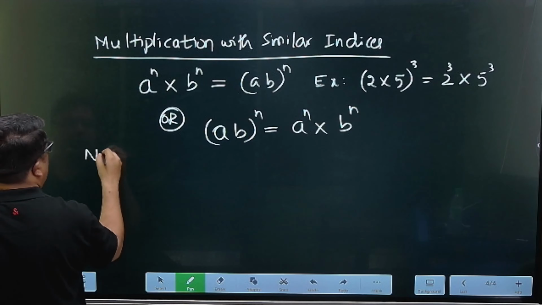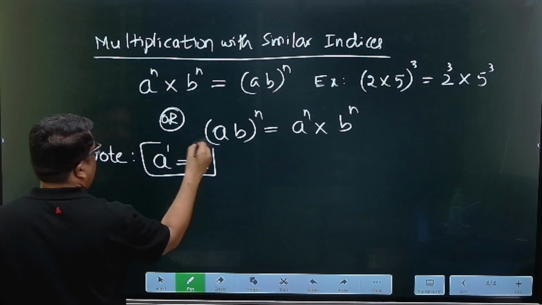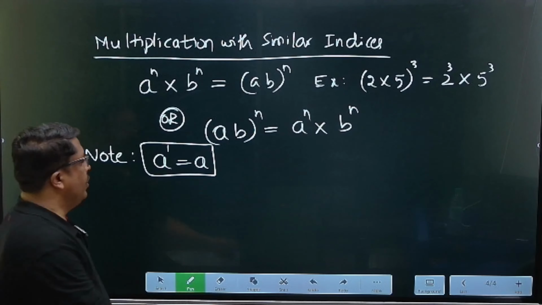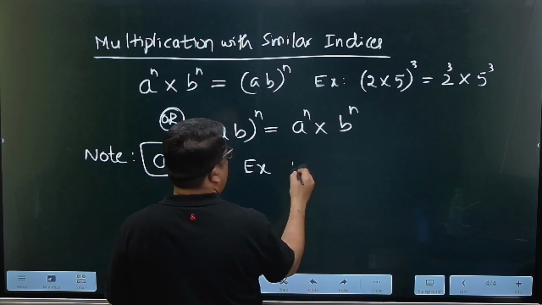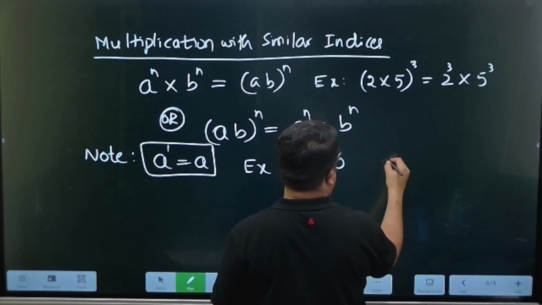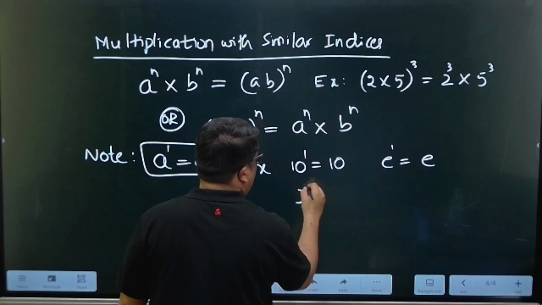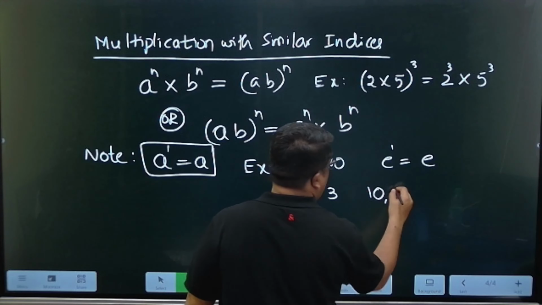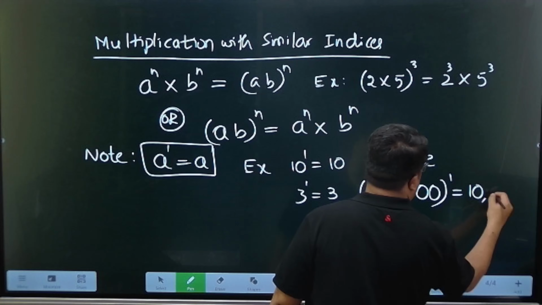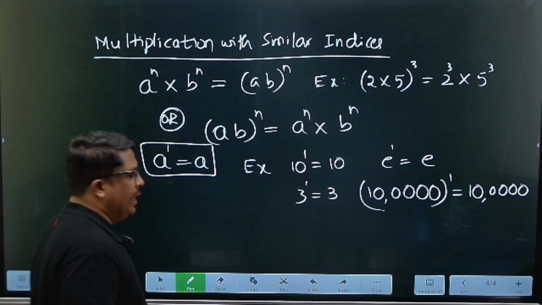And note that when the index is 1 and the base is a, then the answer is a. If I write 10 to the power of 1 is 10, e to the power of 1 is e, 3 to the power of 1 is 3, this is the same number. So these are important laws of indices.